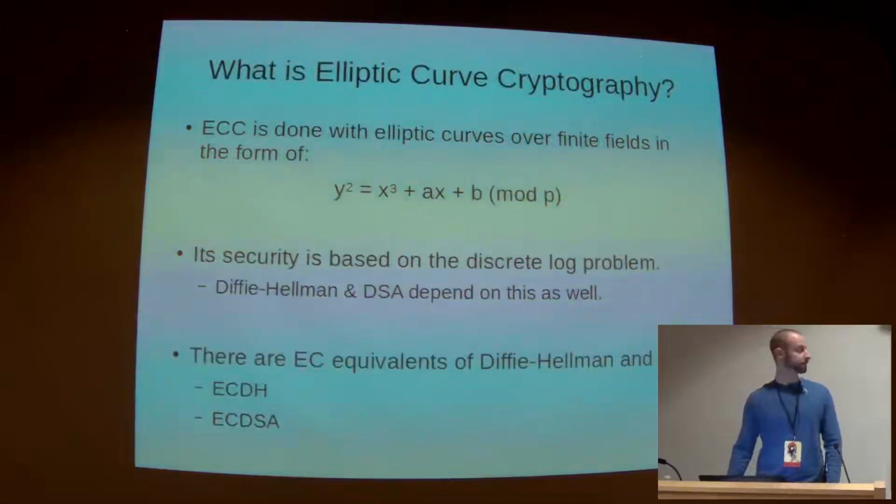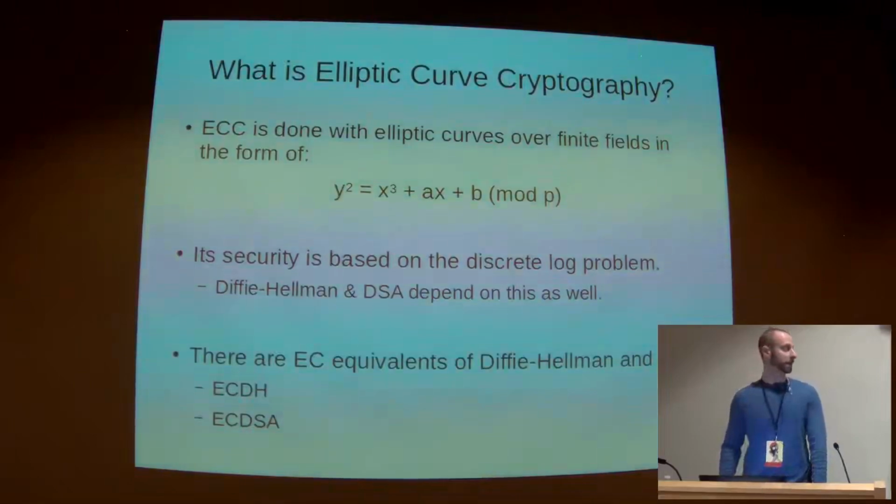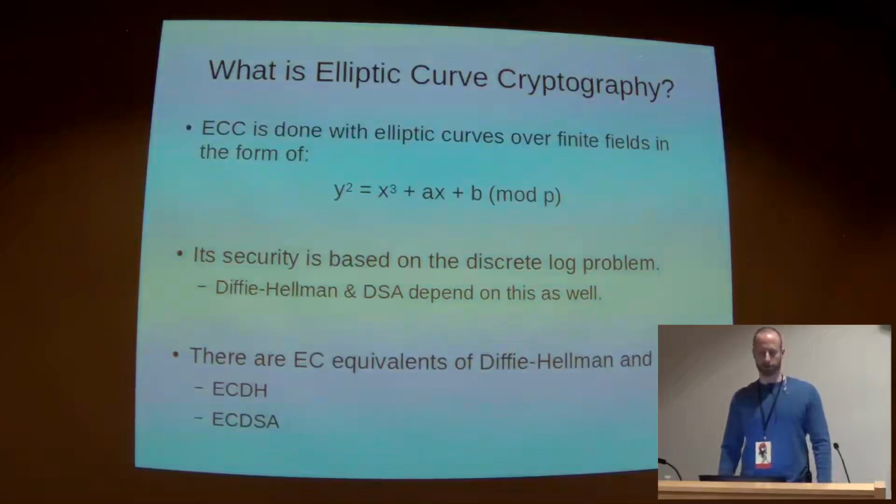So the first question I should answer is, what is elliptic curve cryptography? And I promise you this is not a math presentation. I'm not going to go into much math. That's one equation. That's it. Okay, don't panic, anybody. ECC is cryptography done with elliptic curves. It's done over finite fields in this form: y squared equals x cubed plus ax plus b, usually mod some prime p.